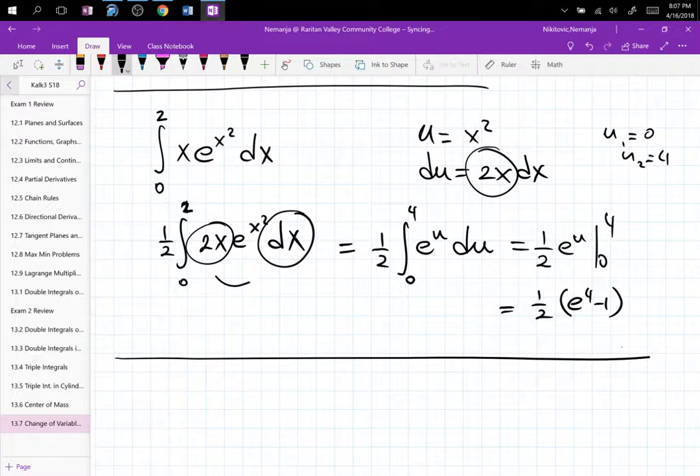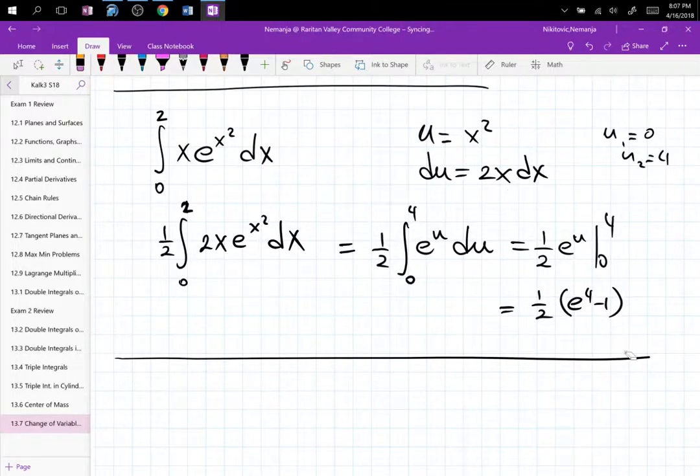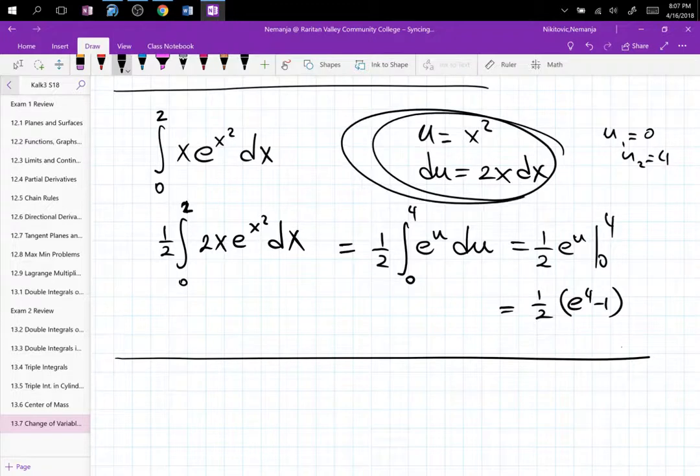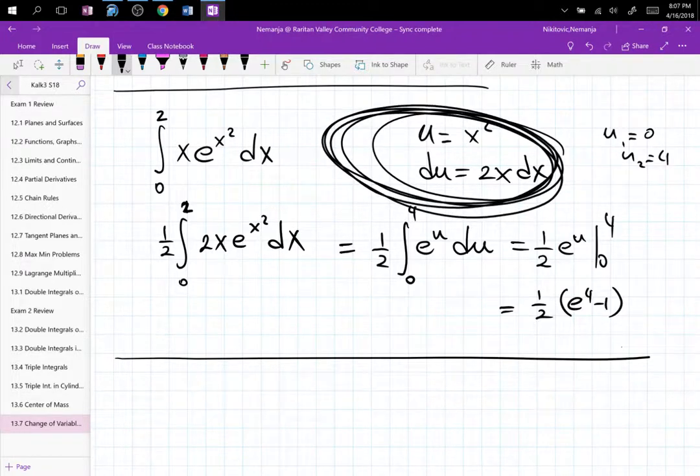So now these two together are du, and the 1/2 I get to copy because it has nothing to combine with. When I take the derivative over here, I get 2x.